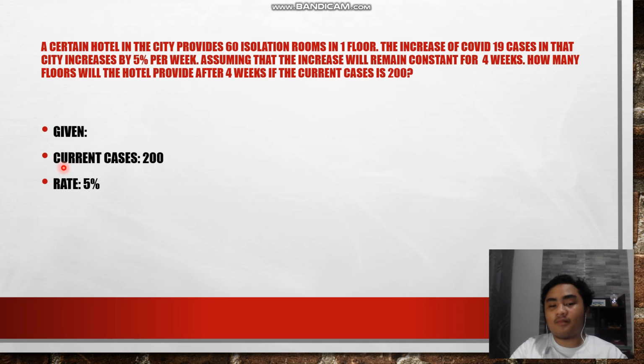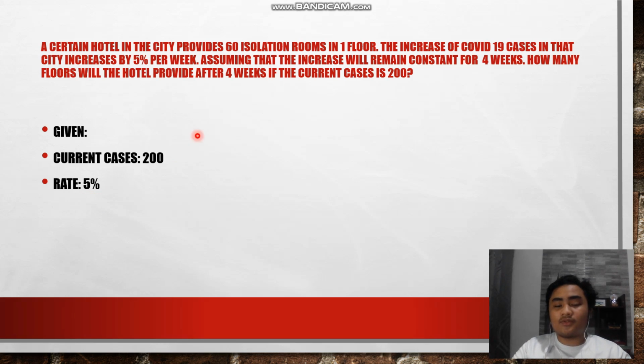Assuming that this problem is presented Monday, it cannot yet be called the cases after one week, right? Because it's still Monday, and the week ends on Saturday. And the rate is 5%, meaning the cases keep increasing.